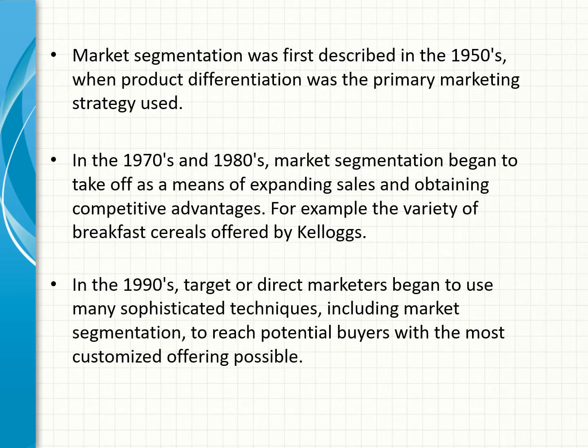As I said earlier, marketing segmentation was first described in the mid-50s, but it really caught hold in the 60s and 70s when it became a means for companies to expand the sales of their products. And it's moved on and on since then. So now in modern times, you go to the grocery store and you look at something like spaghetti sauce.